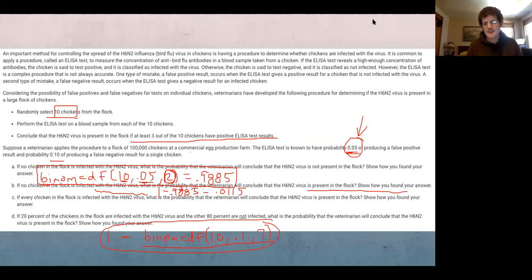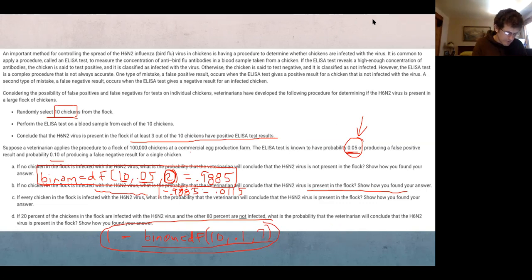Option 2 is, what if we looked at it from the other way? Like, what's the probability that we get a true positive instead of a false negative? So if a false negative is 0.1, then there is a 0.9 probability that this will be concluded correctly. And so here's what I'm going to do.